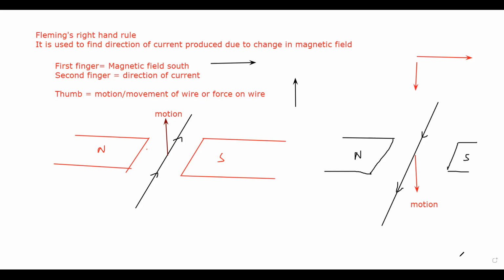So the three rules are there in magnetism. What are the three rules in magnetism?